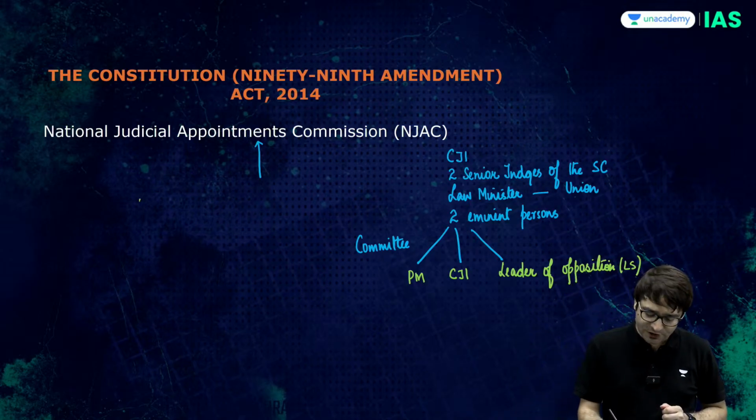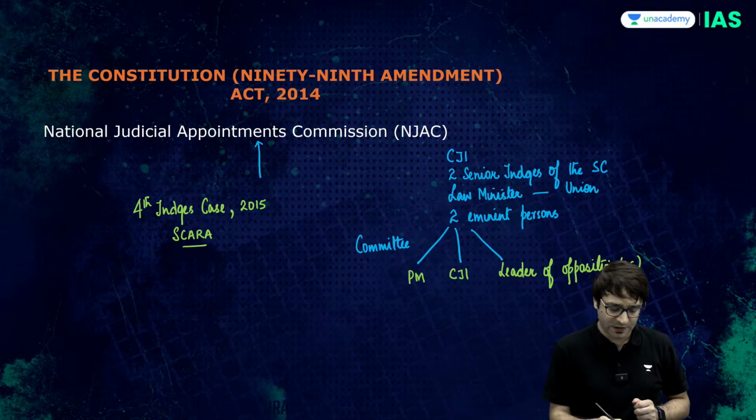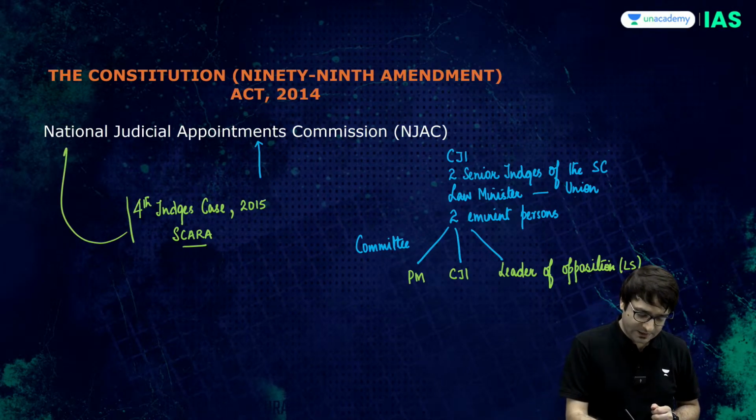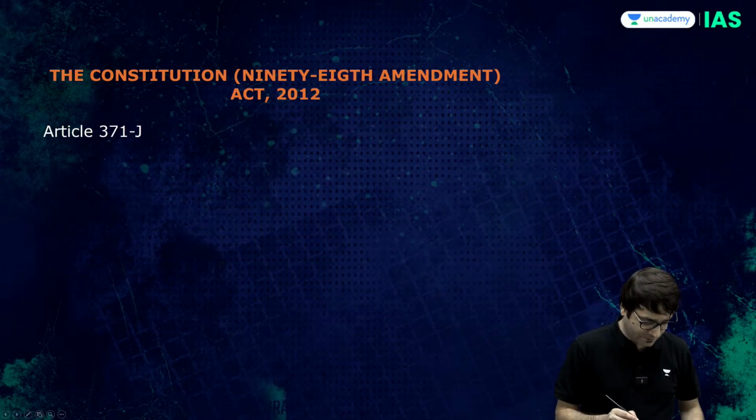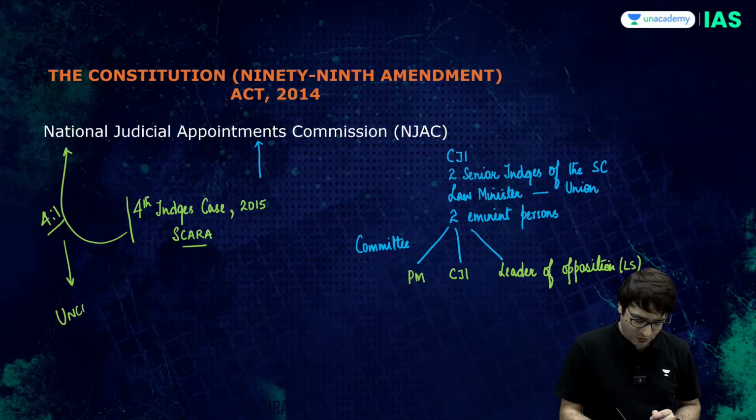But again, in the 4th Judges case (2015), also known as the Supreme Court Advocates on Record Association case, the Supreme Court said, by a majority of 4:1, that this NJAC is unconstitutional.